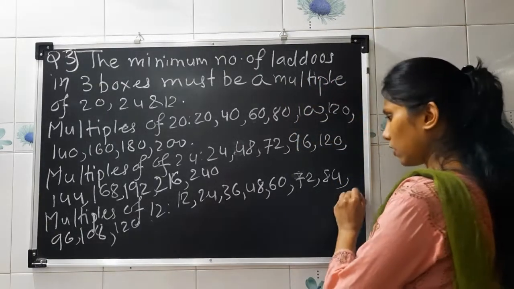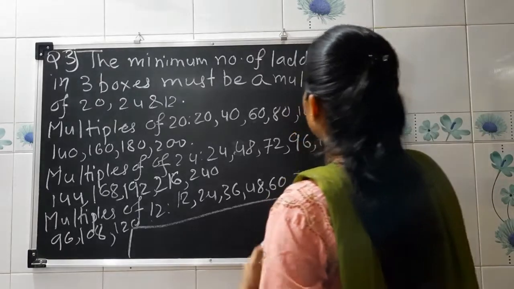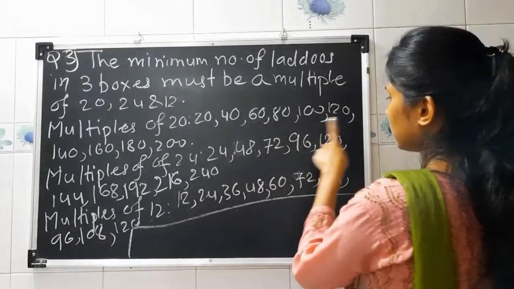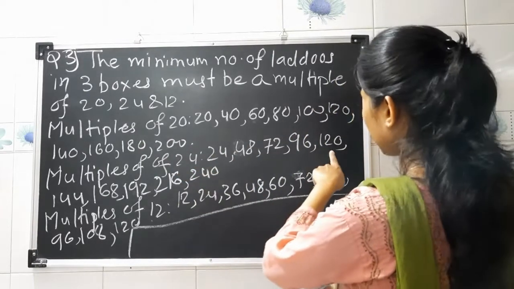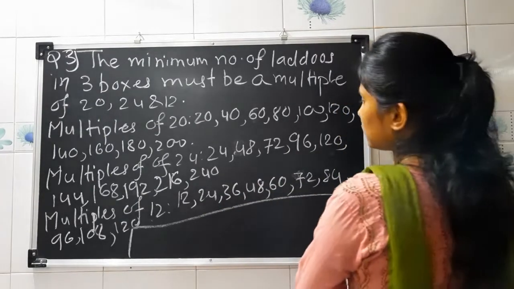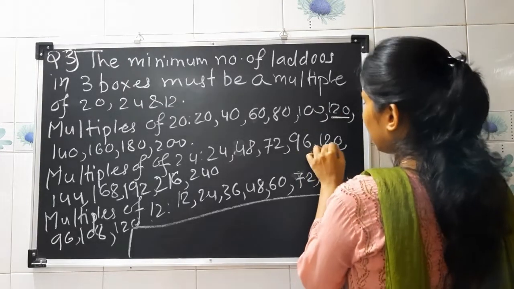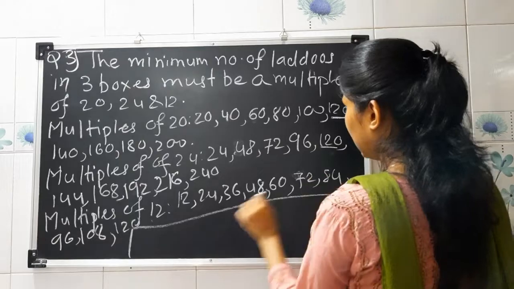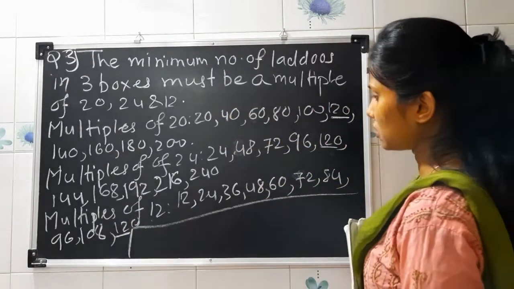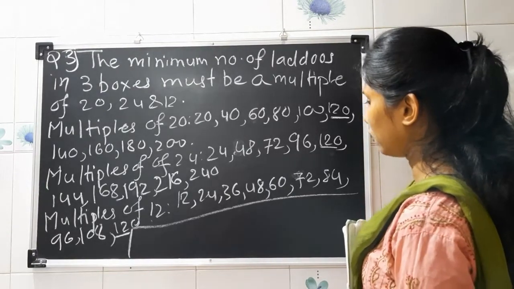Now we need to find the lowest common multiple. So first we will see which is the common multiple in all the 3 numbers. Number 120 is the only number which is a common multiple of 20, 24 and 12.